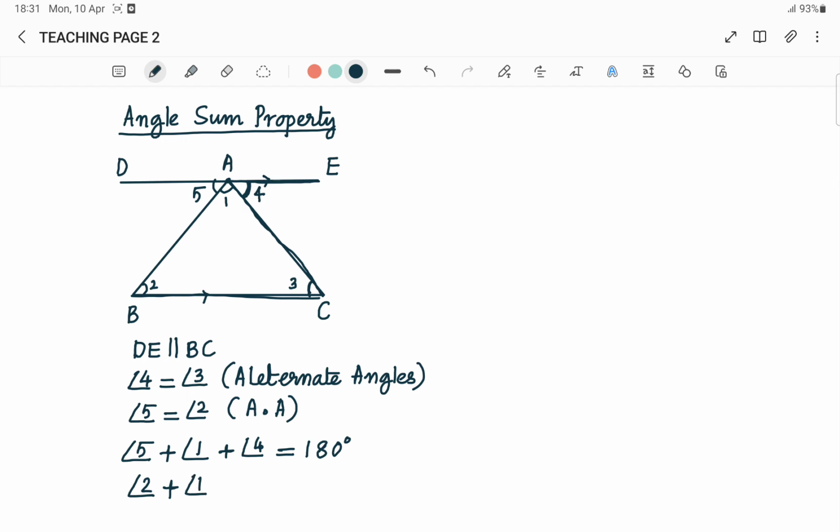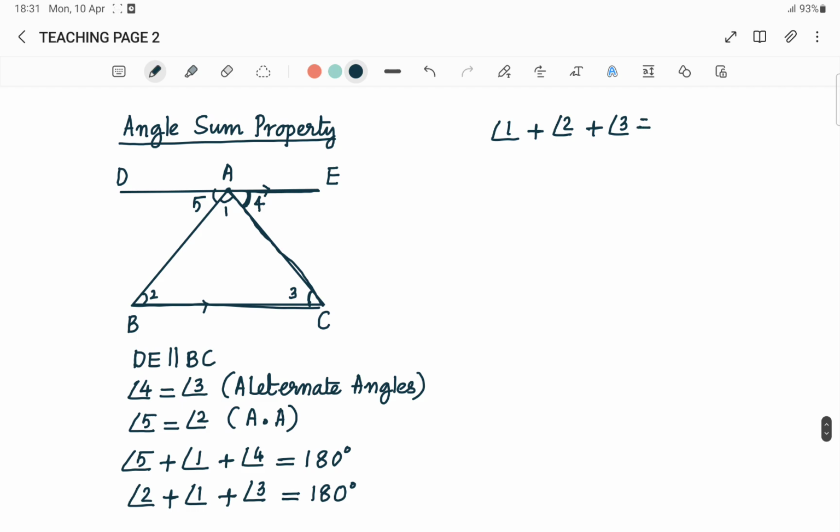Angle 1 is the same as angle 1. Angle 4 I will replace with angle 3. So this is 180 degrees. Now you can see the sum of the three angles of a triangle is 180 degrees.